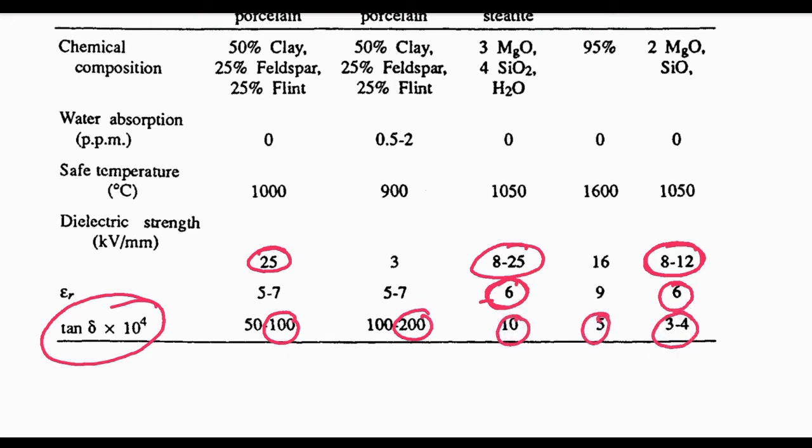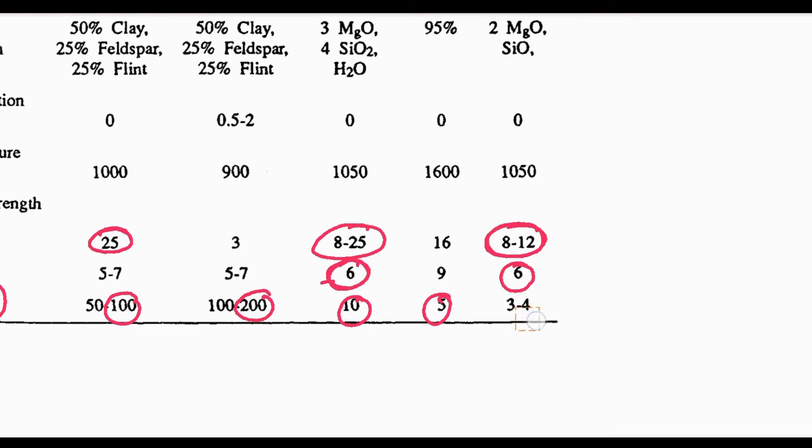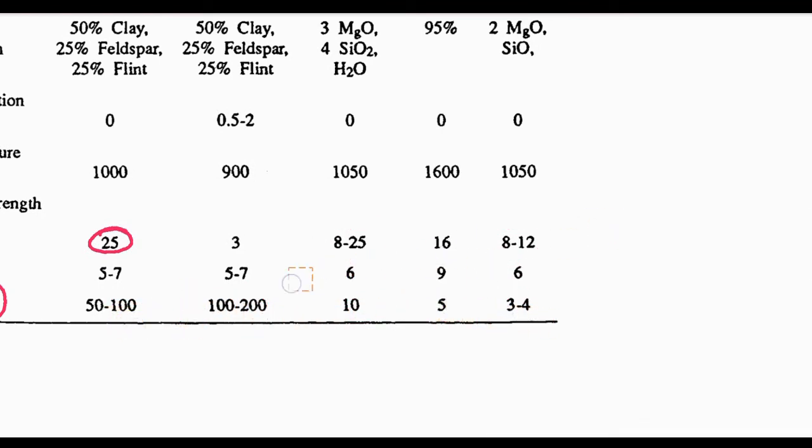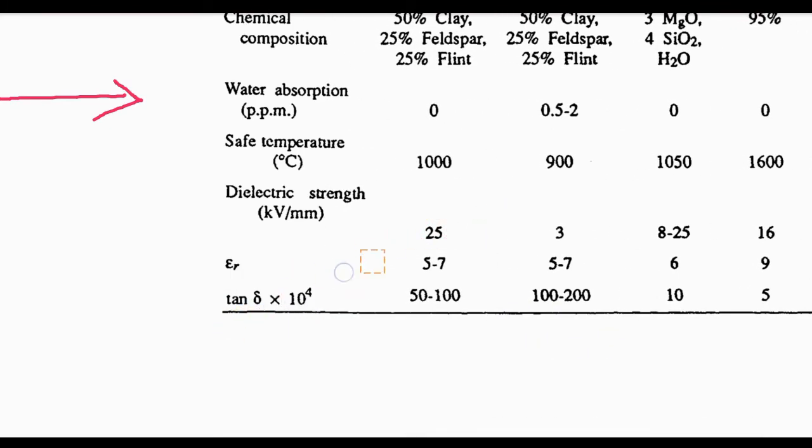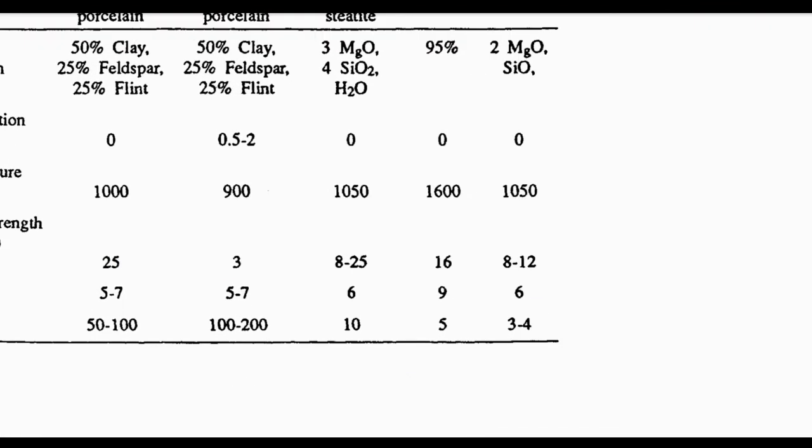So here this one has the minimum loss. At higher frequencies only tan delta has a higher value, so this one has the low loss. This has the low loss and higher dielectric constant among these options.